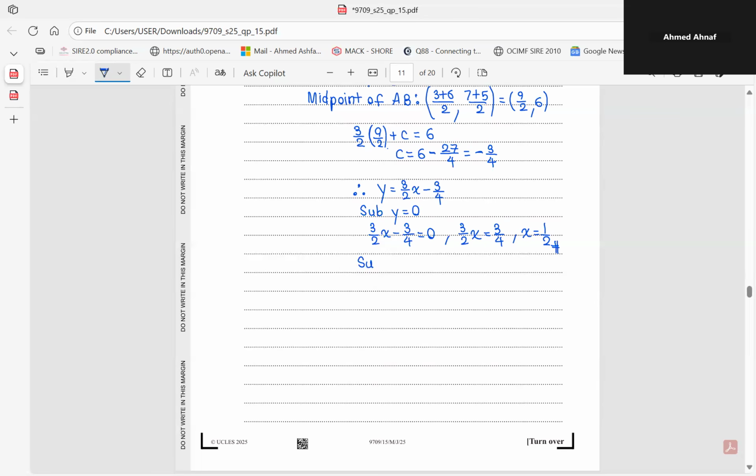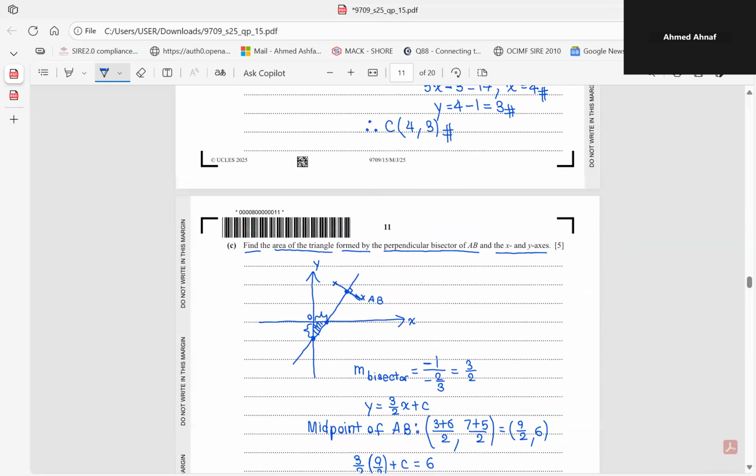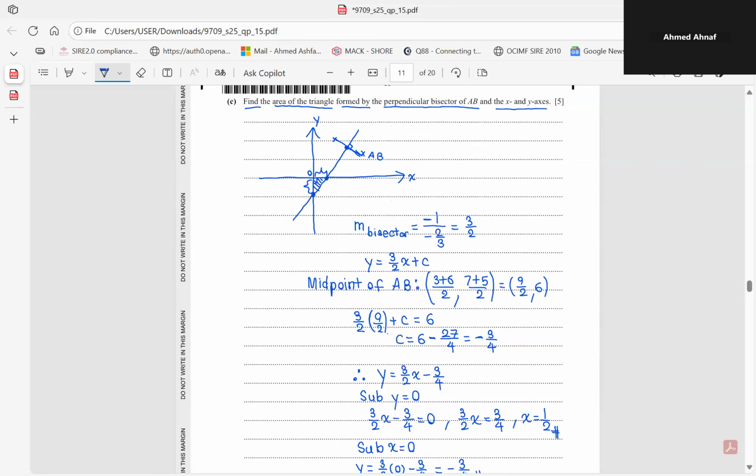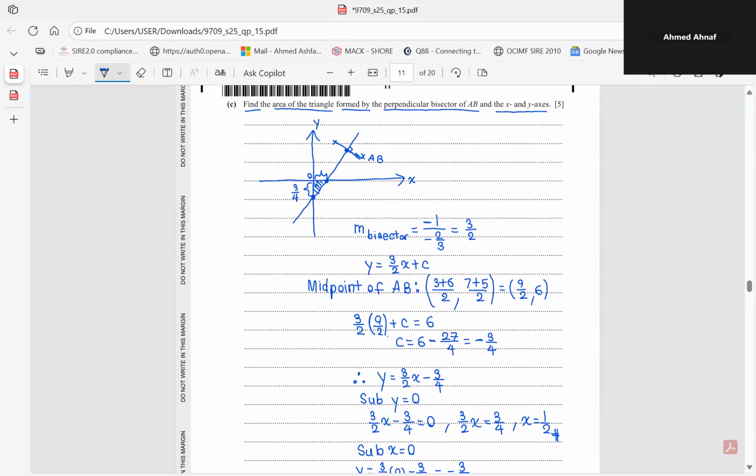And now we're going to substitute x equals to 0 to find our y-intercept. So this would be y equals to 3 over 2 times 0 minus 3 over 4. We'll get minus 3 over 4. So hence, the distance in here is 3 over 4, and the distance here is 1 over 3.